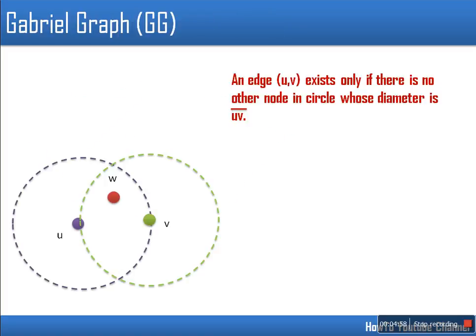So the next technique is the Gabriel graph, and this technique says that an edge UV exists only if there is no other node in the circle whose diameter is UV.